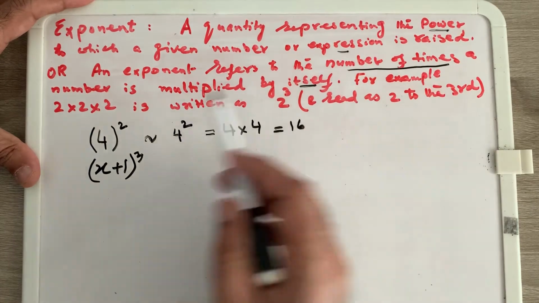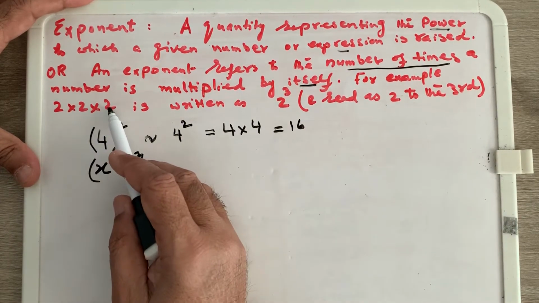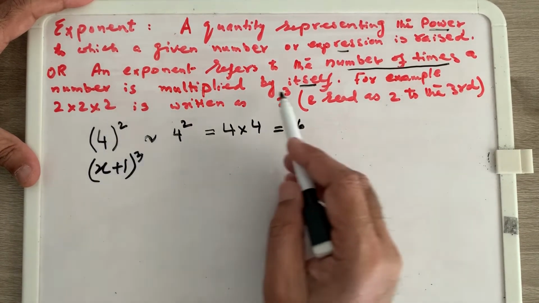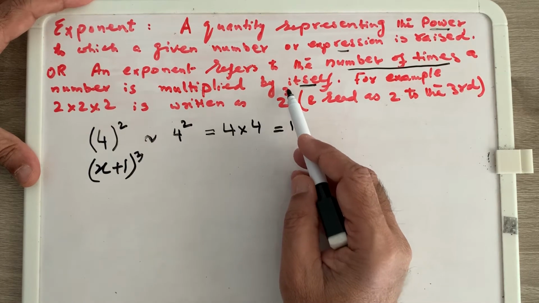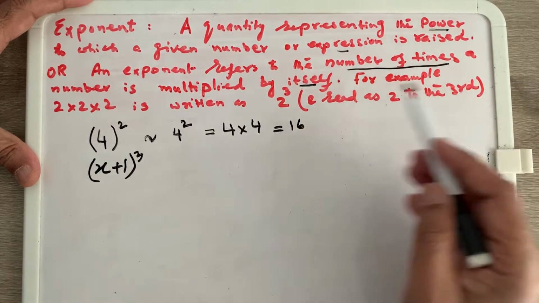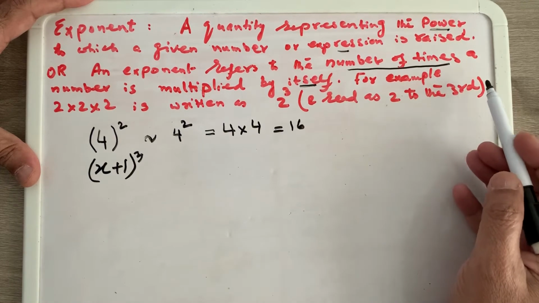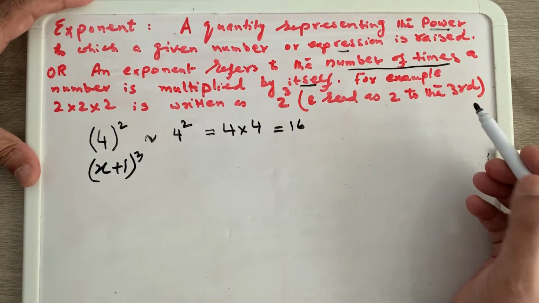For example, 2 times 2 times 2 will be written as 2 to the power 3 and read as 2 to the third. 2 to the power 3 or 2 to the third is the same. You can read it in any way.